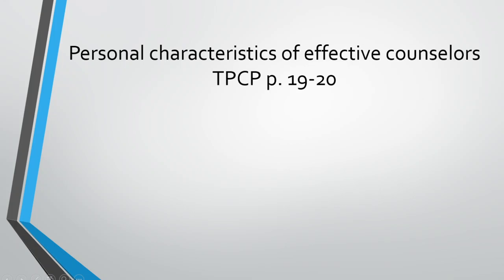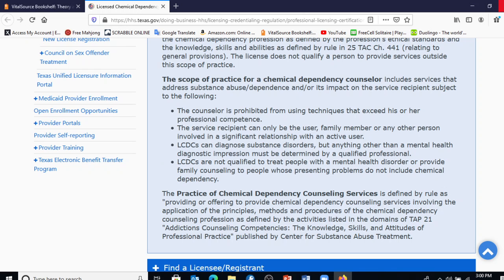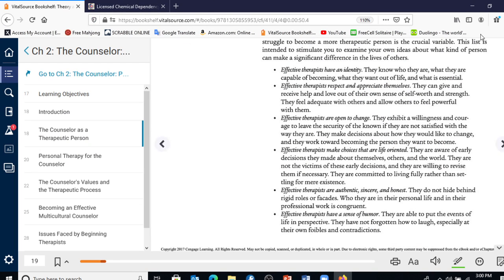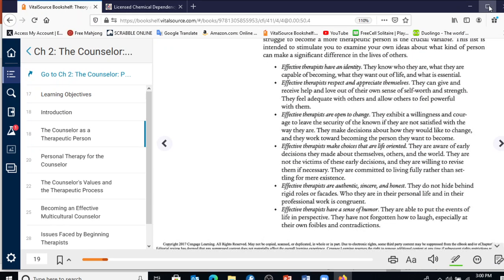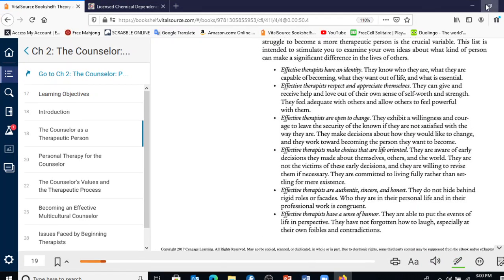I'm going to switch here for a moment and go over here to the VitalSource book source and share this with you. This is in chapter 2 of your text. What kind of person can make a significant difference in the lives of others?